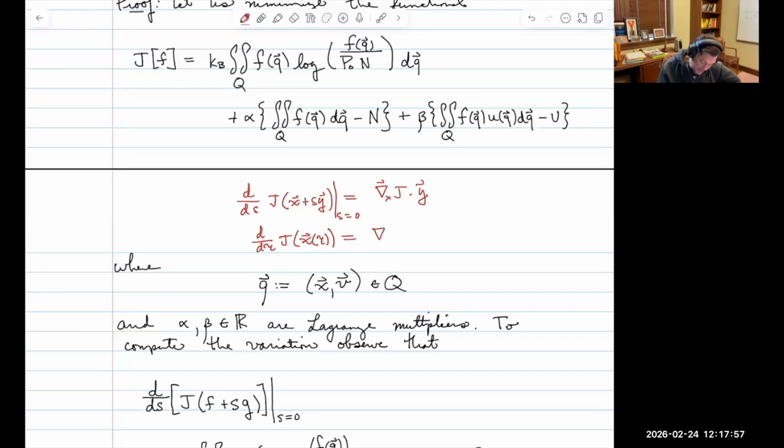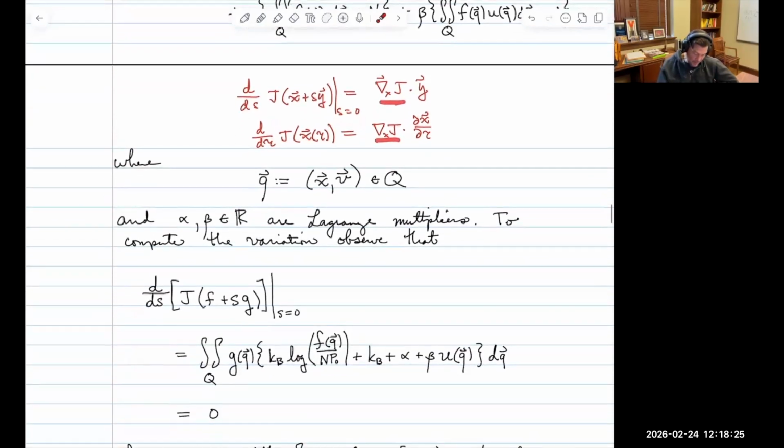This works out to be the x gradient of J dotted with the tau derivative of the vector x. Either way you do this calculation, these two objects come out to be the gradient. We used this a number of times previously. So this is just a way of saying what the gradient is.